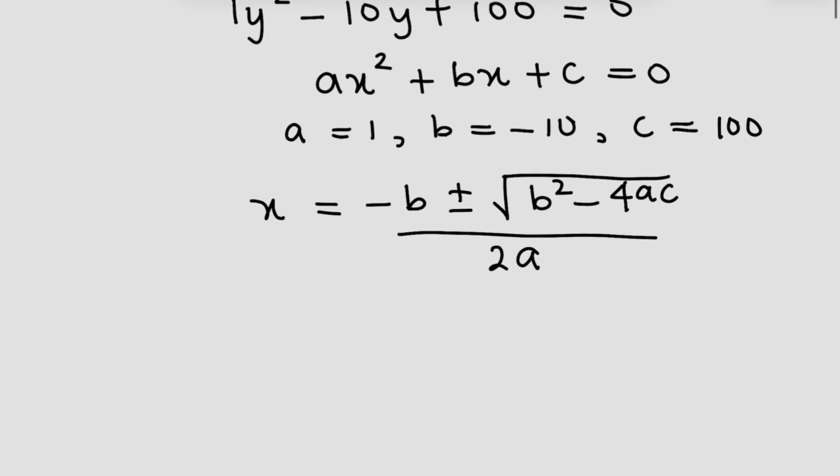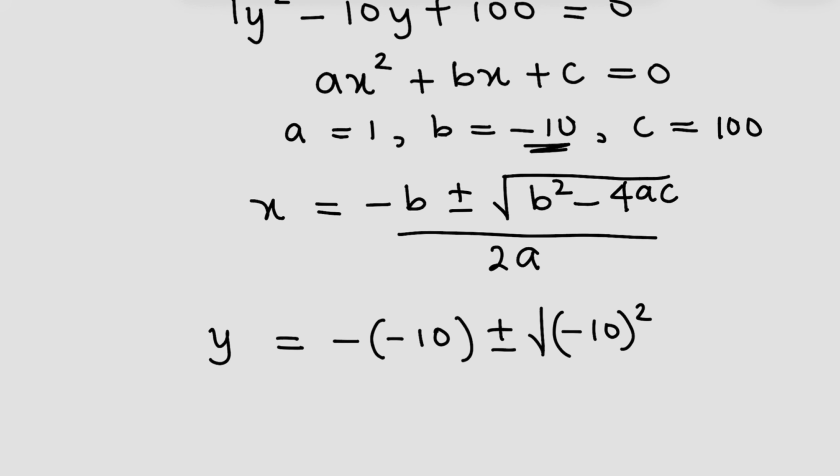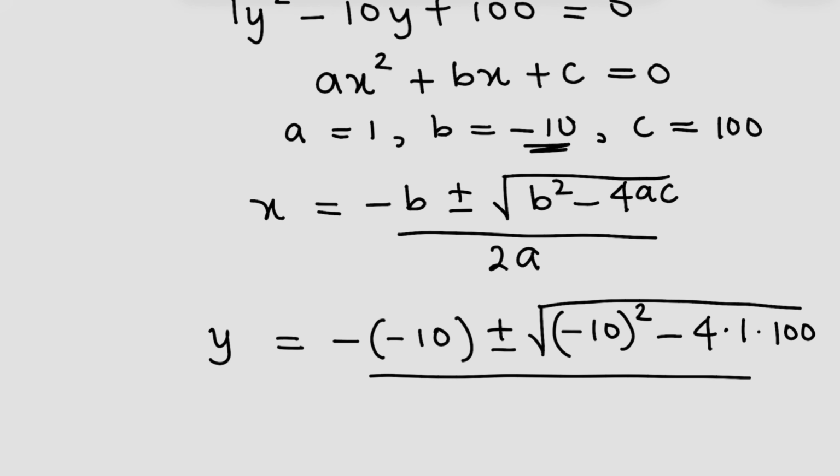This means that our y is equal to minus this negative 10, plus or minus the square root of the same negative 10 squared, minus 4 times 1 times c, which is 100, then divided by 2 times 1.